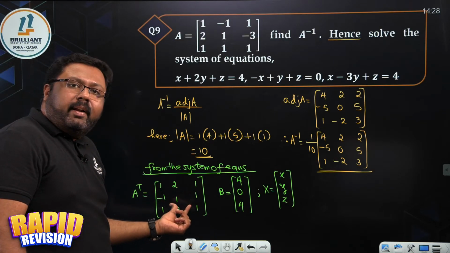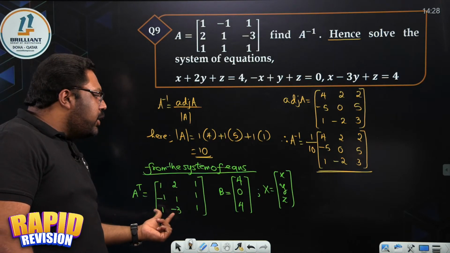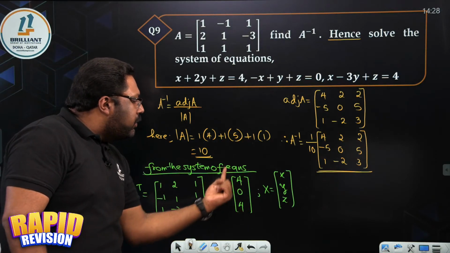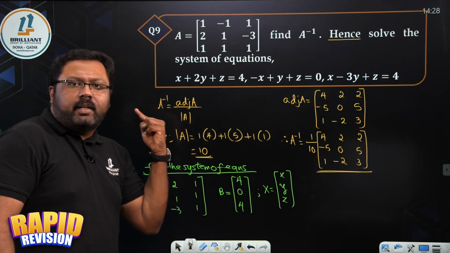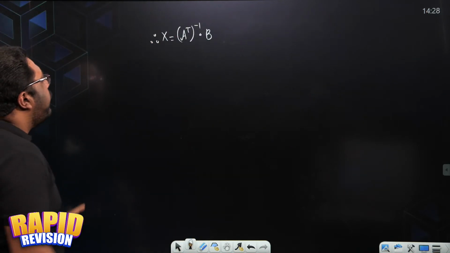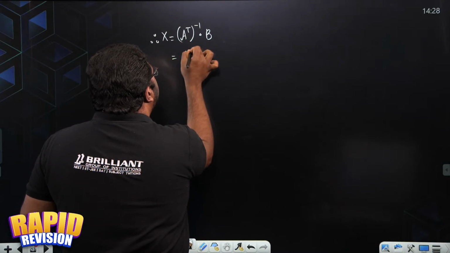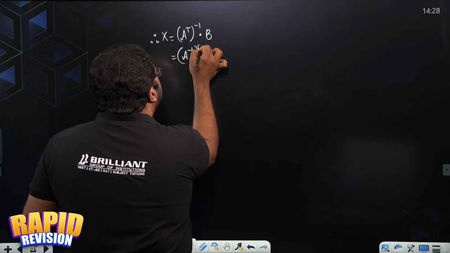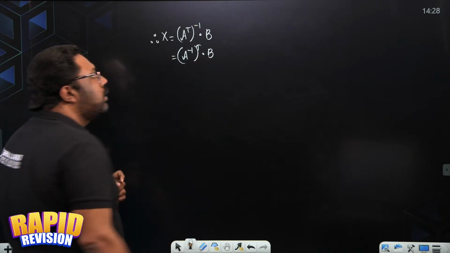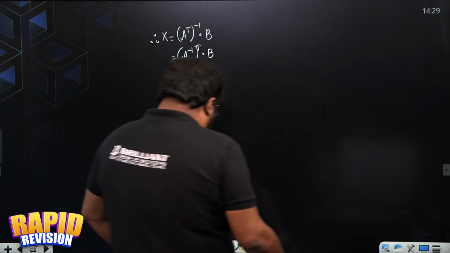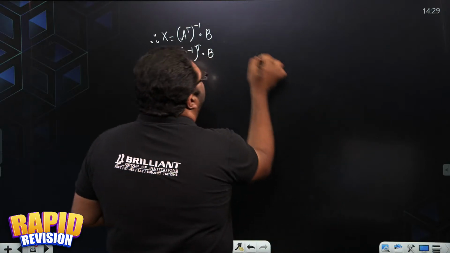Because the system is A transpose. A transpose inverse should be multiplied with B to get the value of X, Y, Z. And we should know the property that A transpose inverse is same as A inverse transpose. So you don't have to do anything new.